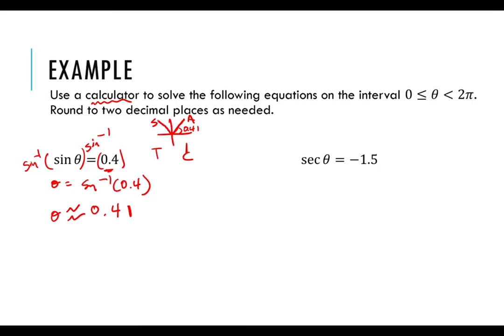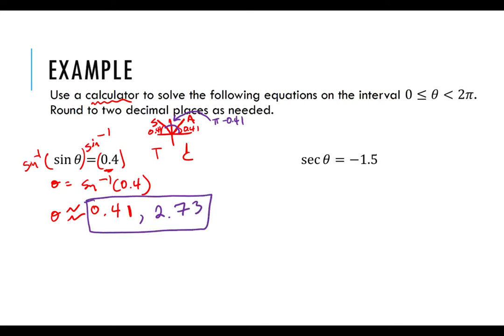So that's going to be in the second quadrant with the reference angle of 0.41. And so my second angle is really going to be pi minus 0.41. And so I claim that my other angle is going to be approximately 2.73. And these are going to be our 2 rounded solutions for that trig equation.